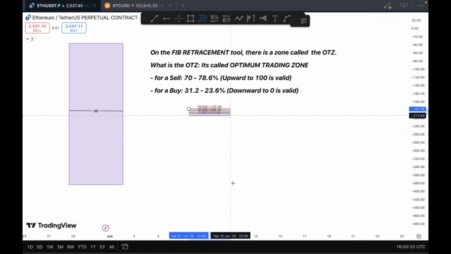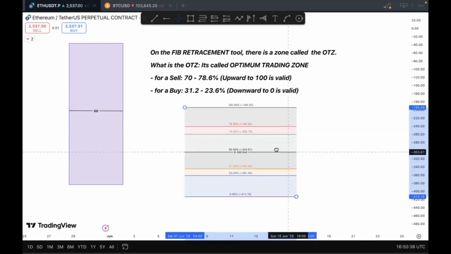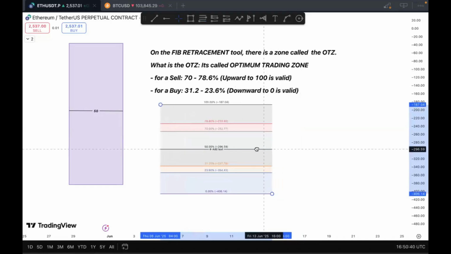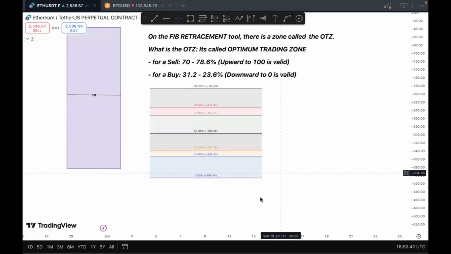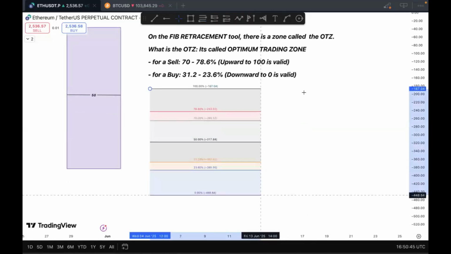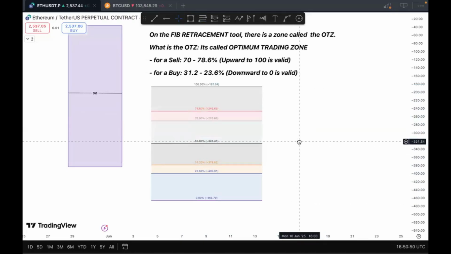So this is the Fibonacci retracement tool. So look at the Fibonacci retracement tool. If you see my Fibonacci retracement tool, you're going to see that I actually customized it. So I made this research myself, okay, and refined it.